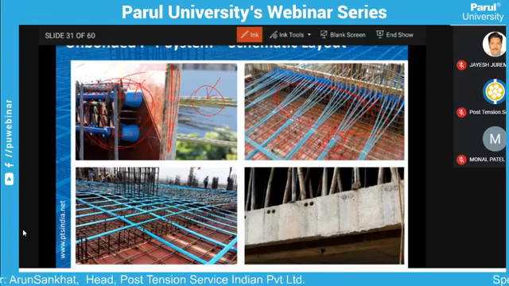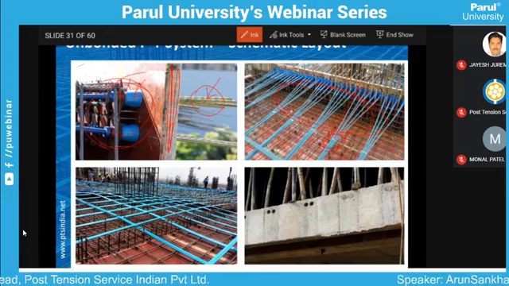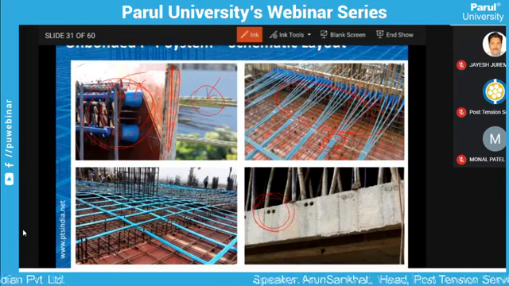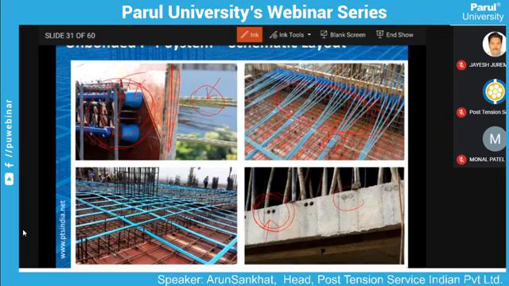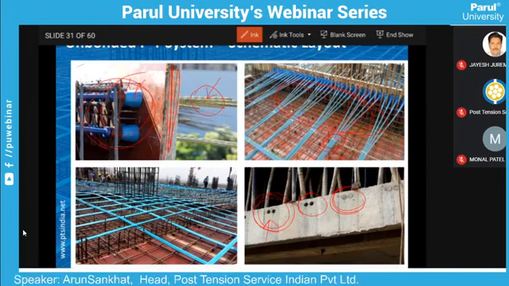At the end, in the fourth image, you can see that cables are being stressed. Once stressed, they are cut, and then the pocket former recess is patched up, and everything is well within the perimeter. There is nothing taken out.